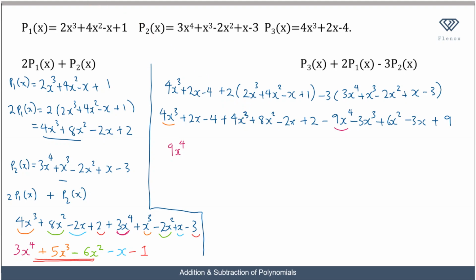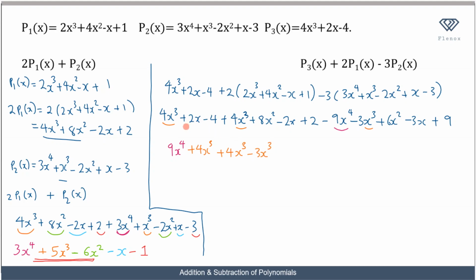So I'm having 3 terms now. I'm having this term, this term, and this term. So I write that out. I have plus 4x cubed, also here plus 4x cubed, and here I have minus 3x cubed.